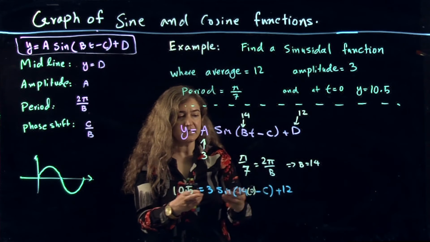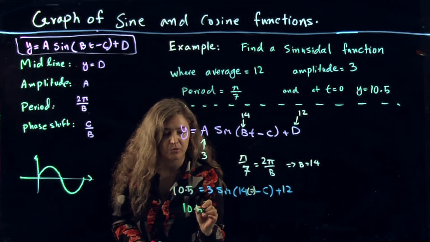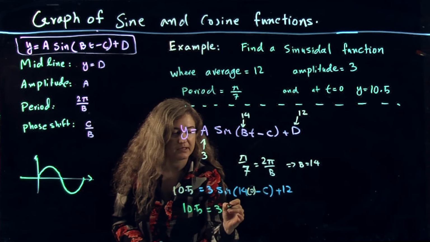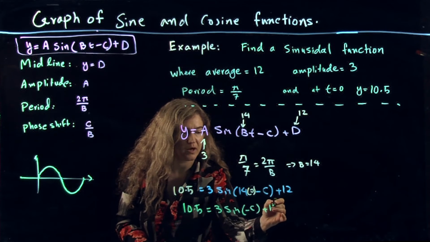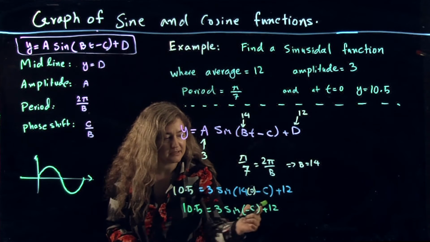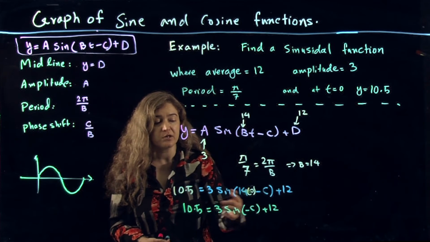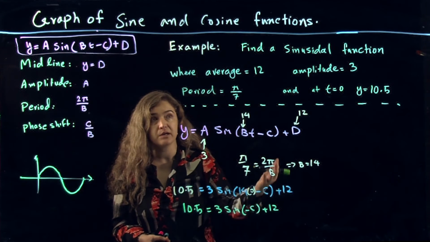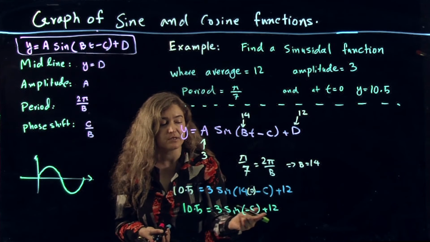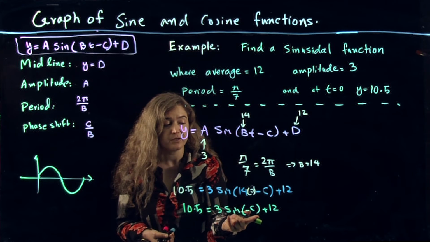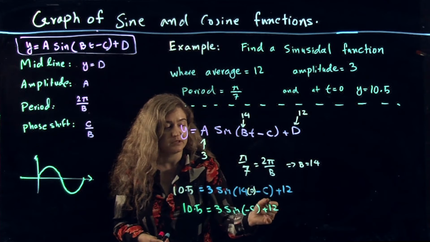So what it comes down to is this equation. 10.5 is equal to 3 sine of negative C plus 12. Subtract 12 from it. One thing that we want to learn when we're solving trigonometric equations is to isolate the trigonometric function, and that is what we do here.